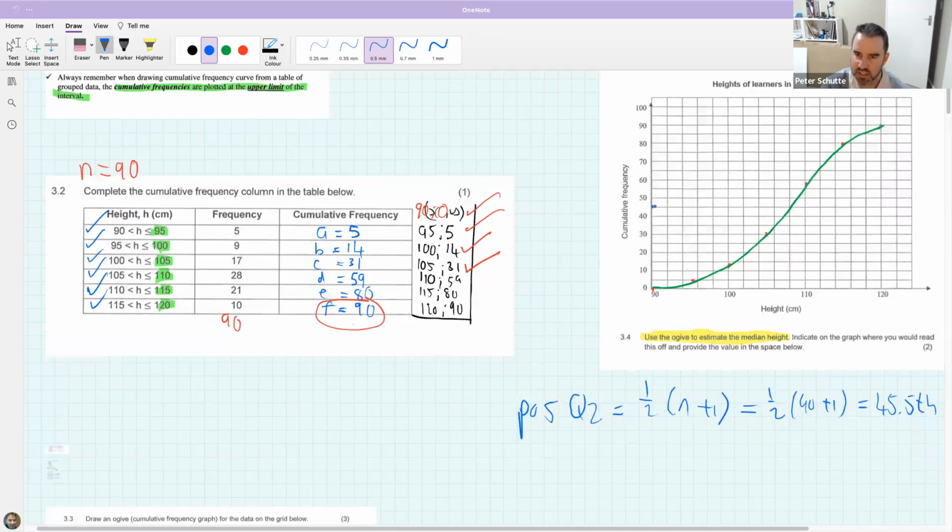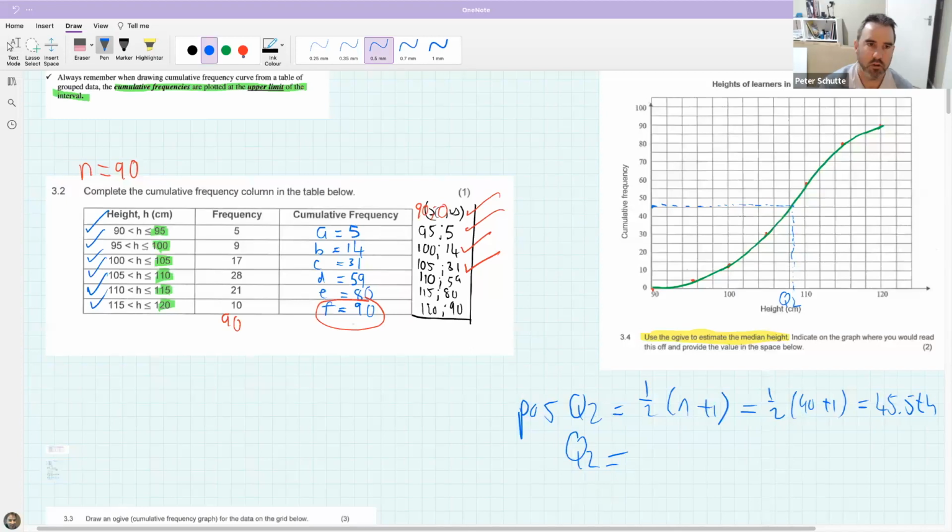I think it's just going to be over here. So you draw a dotted horizontal line and get to there. Then when you drop down to here, that value is going to give you an estimated value for the median. So what do you think this value is going to be based on the ogive?